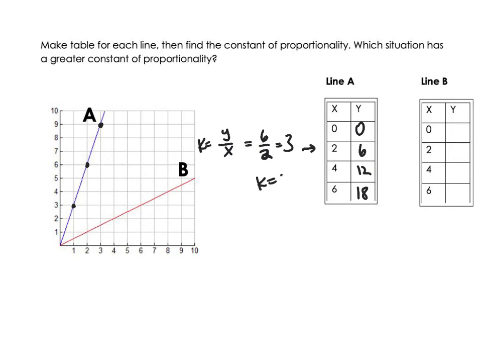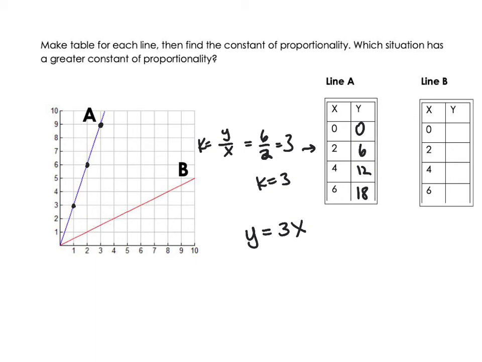So k equals 3. If you don't know where I got that from, basically, if y over x is 3, that means x times 3 is y. Basically, y equals 3x. And you just plug in for every x to get the missing numbers from the table.